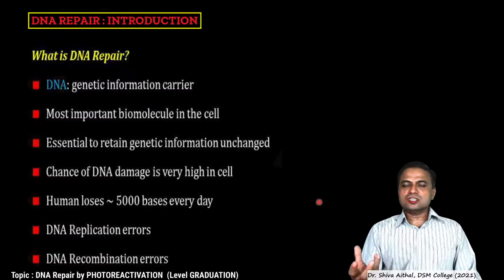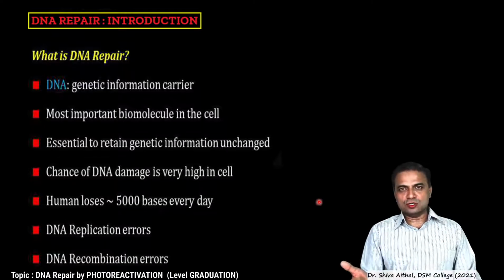DNA is the storehouse of genetic information of a cell. It is the headquarters of all the phenotypic and genotypic characters in the cell. It is the most important biomolecule, essential to retain the genetic information, which should not change. So therefore DNA replication is foolproof in nature.